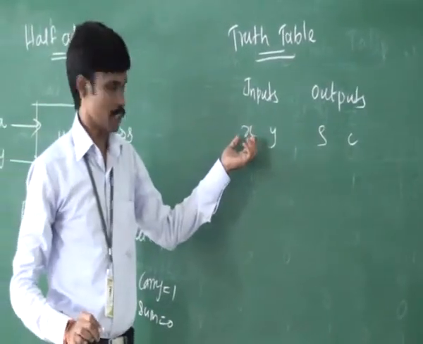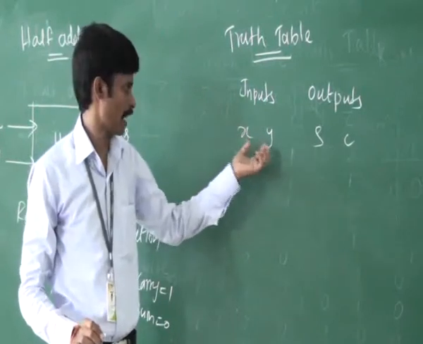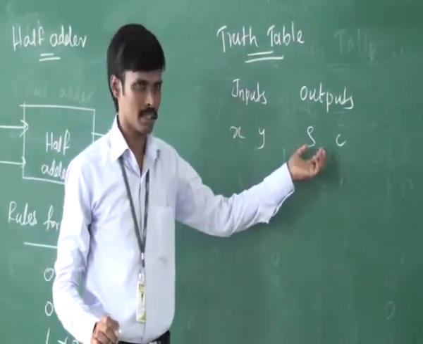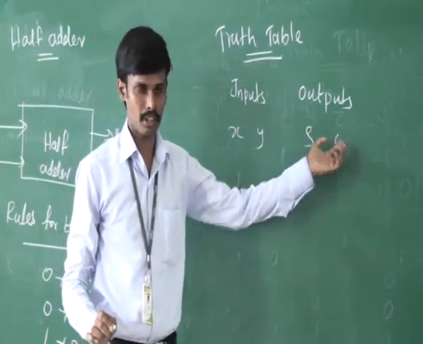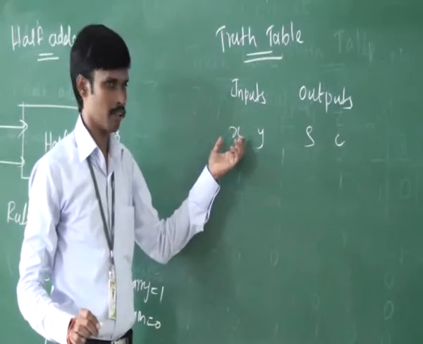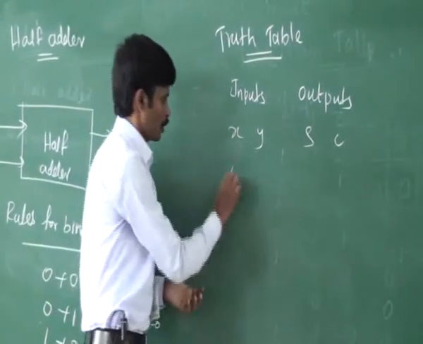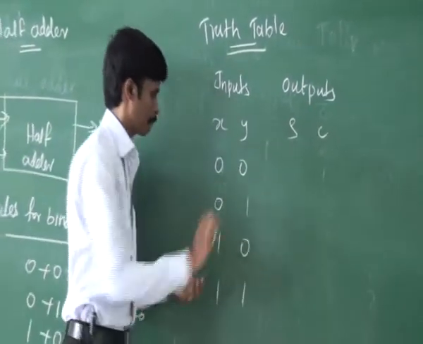Here the two inputs denoted by x and y represent the two significant bits to be added, and the output variables are denoted by s and c, s for sum and c for carry. Here we have two input variables, so there are four possible combinations: 0 0, 0 1, 1 0, 1 1.